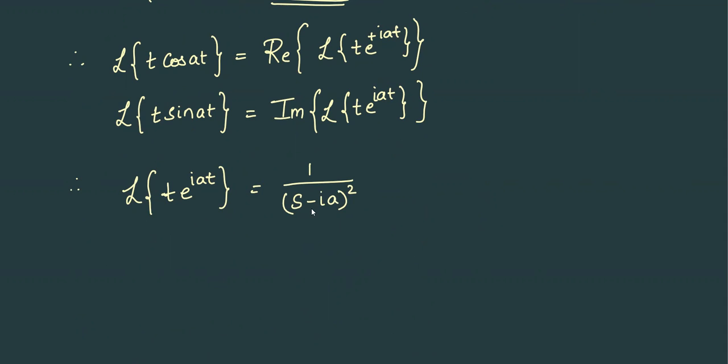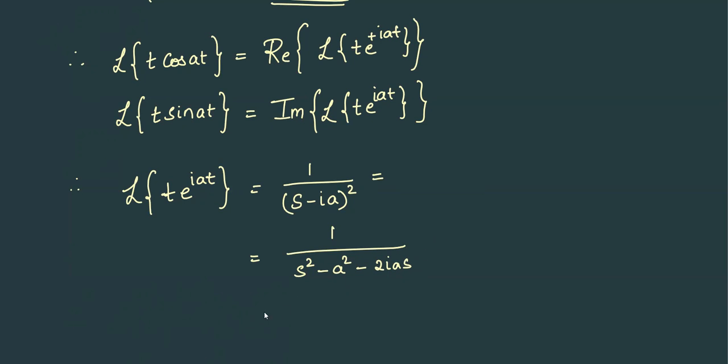Now we have to split into real and imaginary parts. So this simplifies to 1 upon s square plus i square a square, which gives minus a square, minus 2ias.